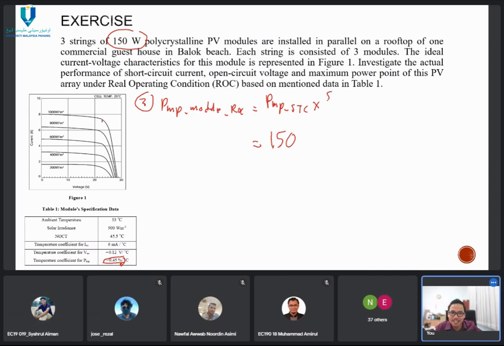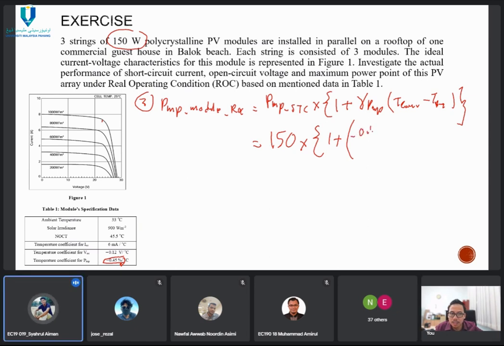Bracket 1 tambah gamma PMP, bracket then T-cell tolak TSTC. So 1 plus berapa ni? Negatif 0.45%. Okay. Over 100. Don't forget the over 100.